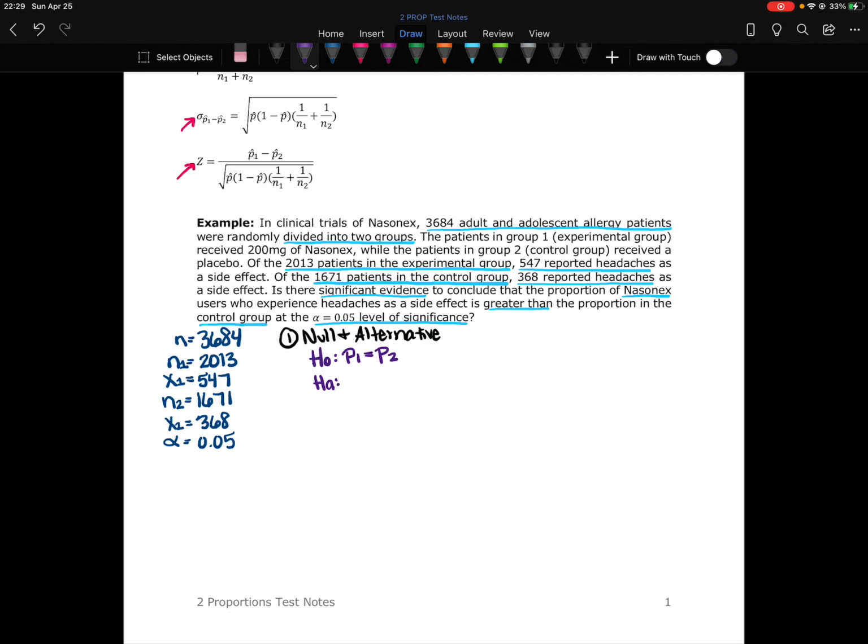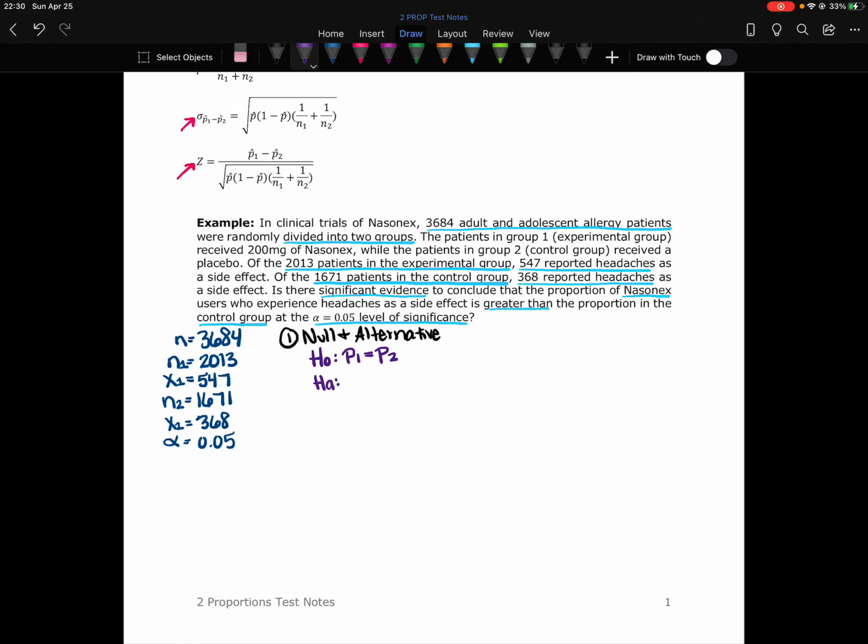So the percent of people getting headaches between the two groups is equal. I don't know if it's equal to 5%, 20%, 75%. I don't really care what it's equal to. What I want to assume is that they are the same. It doesn't matter whether the people were getting Nasonex or the placebo. The percentage of people getting headaches is equal between the two pills.